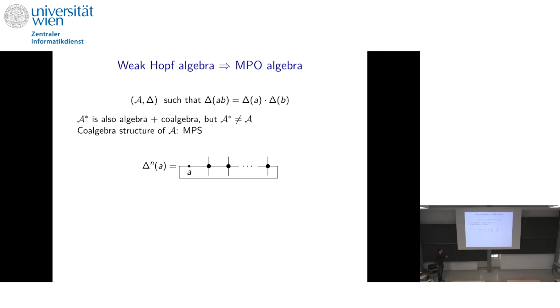But this MPO representation is just the MPS structure that comes from the coalgebra. What's important to note here is that these two vertical indices, the physical indices, correspond to the algebra structure of the algebra, whereas the horizontal indices, the virtual indices, correspond to the algebra structure of the dual of this structure.